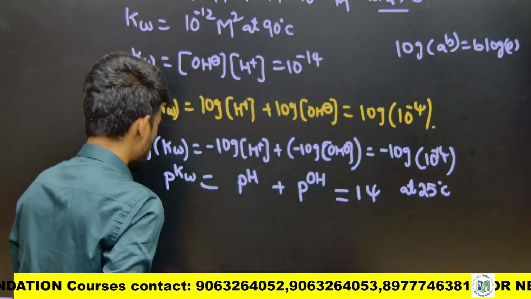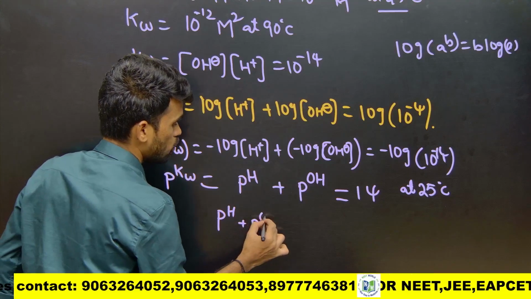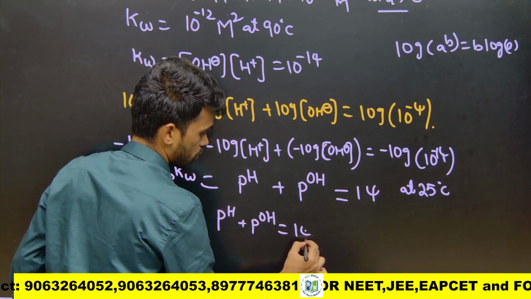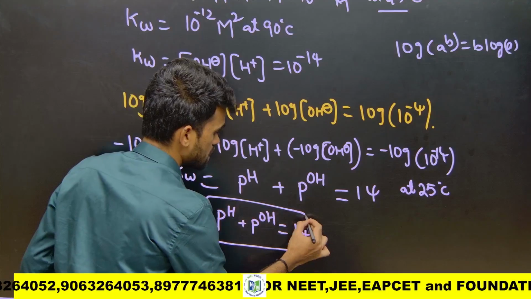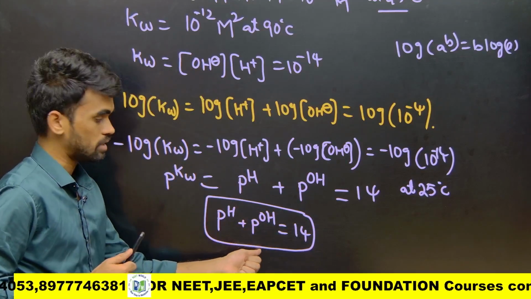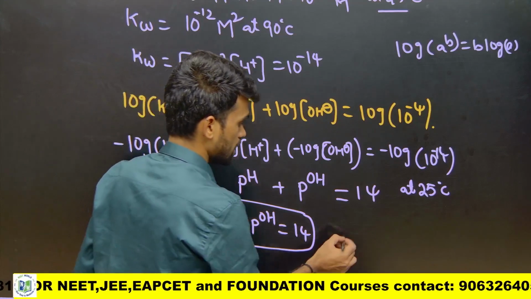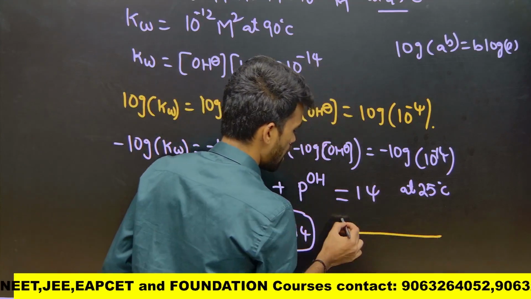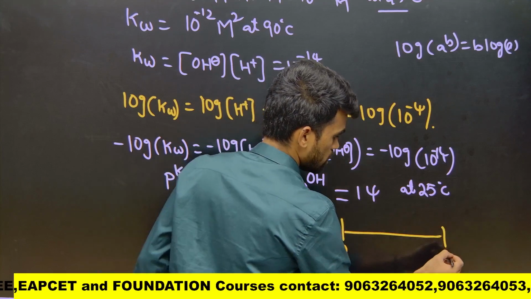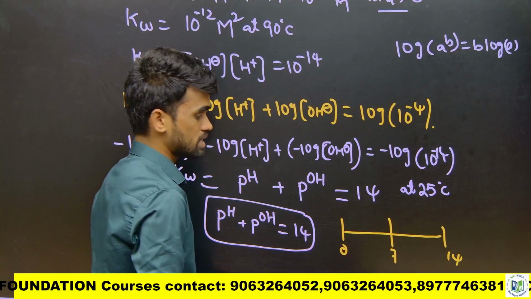That's the reason in the last class we wrote pH plus pOH equals 14. So this is the relation you can use. pKw equals pH plus pOH, the sum will be equal to 14. So at this condition, on the pH scale we have from 0 to 14, right? The midpoint, the center point here, that is 7, is considered to be neutral.